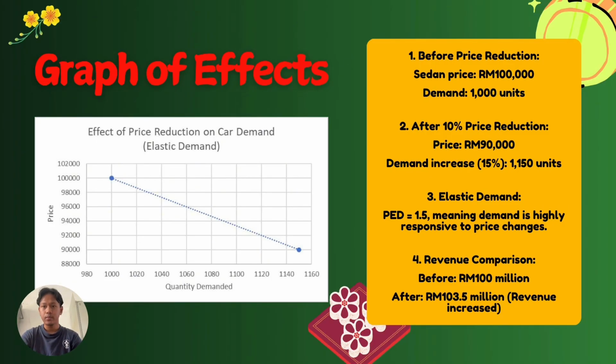So when we compare the revenue for both prices, we can see the revenue after the price reduction is higher than the revenue before the price reduction. So this shows that the price reduction is very effective for the company, and it impacts the company greatly.